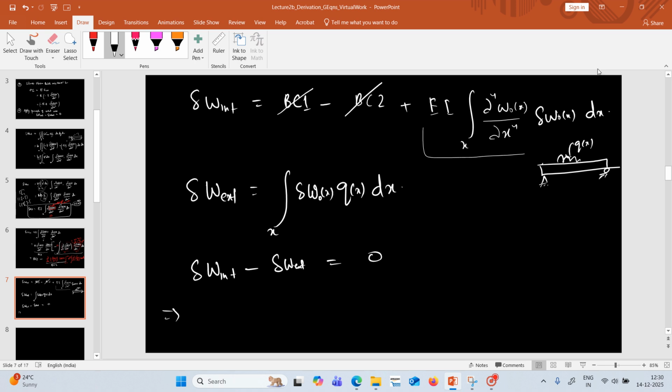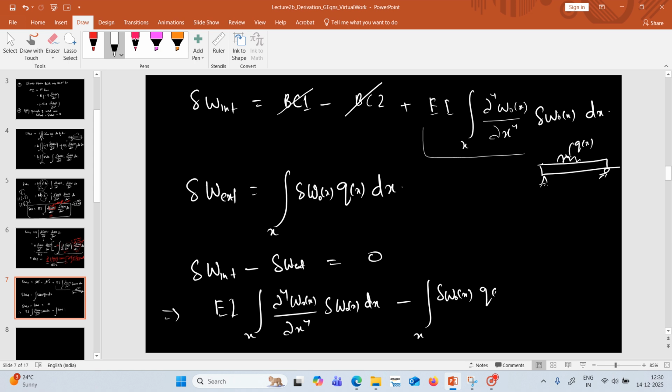So EI integral of del 4 w naught of x by del x to the power 4 delta w naught of x dx, minus integral of delta w naught of x q of x dx.